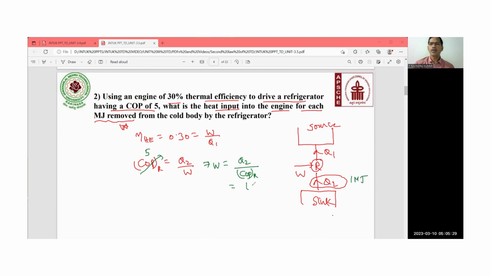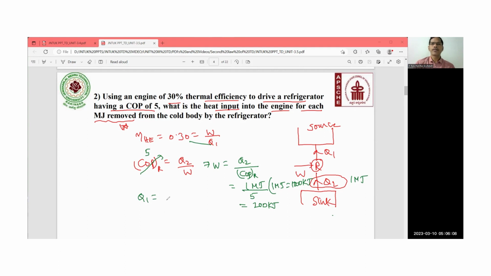So W is equal to 1 megajoule divided by 5. 1 megajoule is equal to 1000 kilojoule, 1000 divided by 5, so you will get 200 kilojoule. Once we have this particular W value, then what about the Q1 value? So Q1 is equal to here.